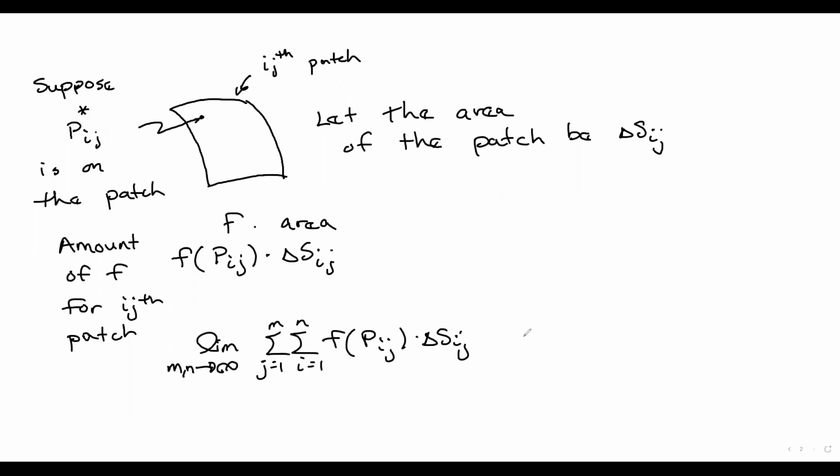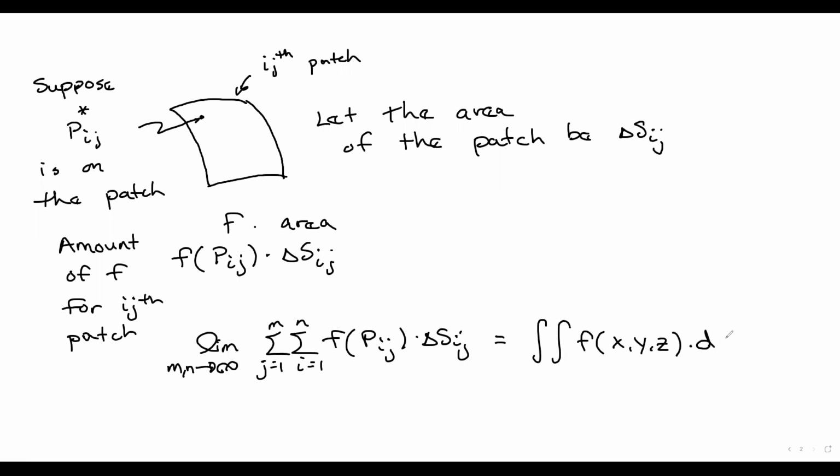If you do that, this double summation turns into an integral, and we have f. Instead of putting Pij here, I'm just going to put a generic point, because Pij was a point. And then, as we're accustomed to whenever we do these limit summations, the change in symbol goes away, and the ij is also going to go away.